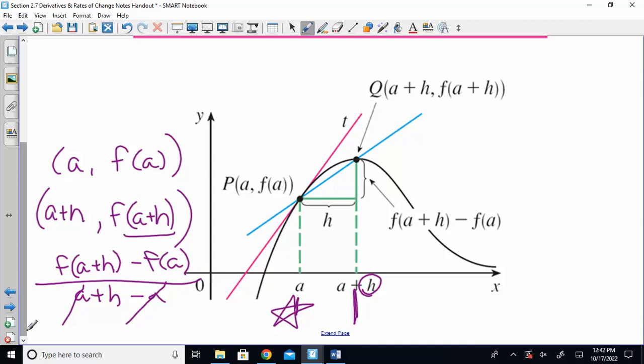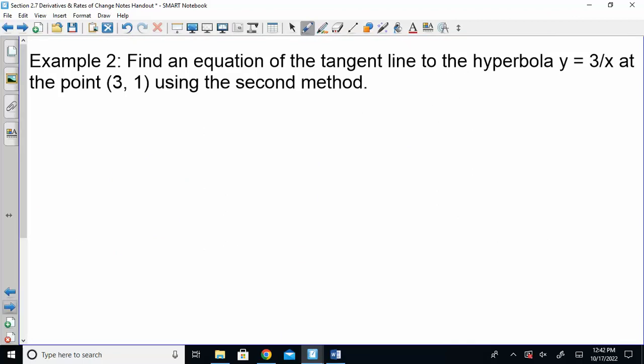So I'm going to use this calculation to find the equation of this tangent line, y equals 3 over x, at the point 3, 1. And I'm actually going to do it two ways, using the first and the second method. I'm asking for the second one first, which is what we just decided: we're doing the limit as h approaches 0 of f of x plus h minus f of x over h.